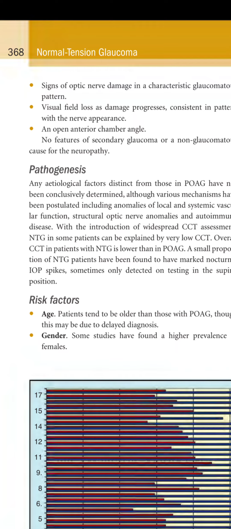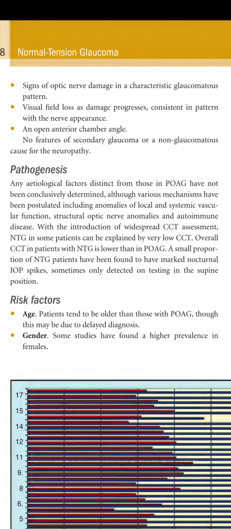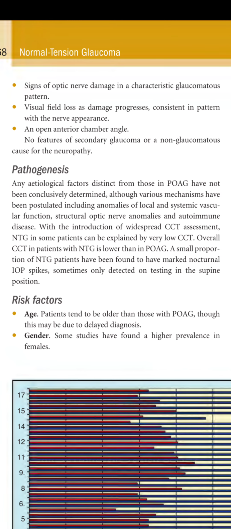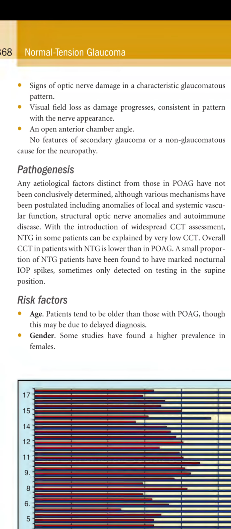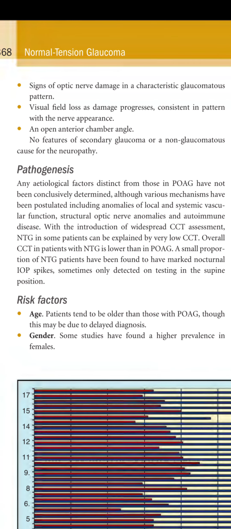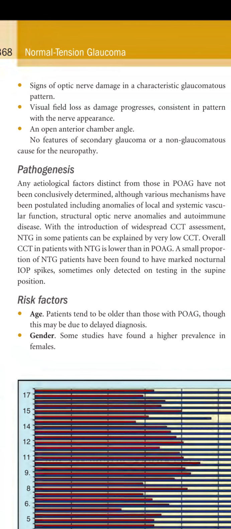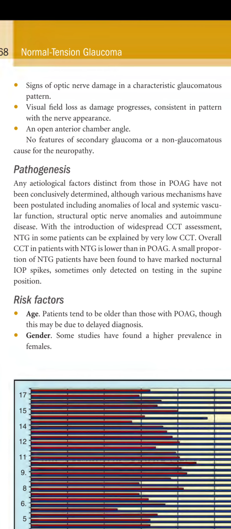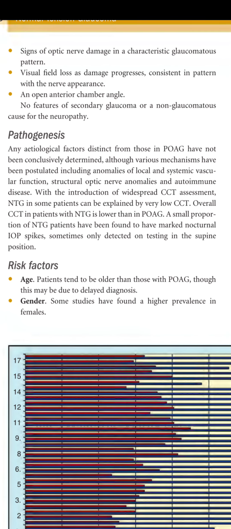Signs of optic nerve damage show a characteristic glaucomatous pattern. There is visual field loss as damage progresses, consistent in pattern with the nerve appearance, and an open anterior chamber angle. There are no features of secondary glaucoma or non-glaucomatous cause for the neuropathy. So all other features are those of open angle glaucoma, just that the IOP is within the normal range.